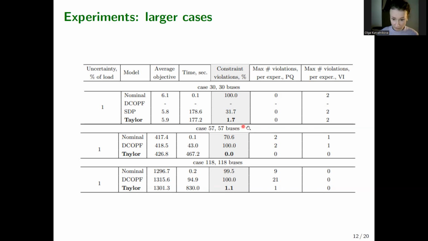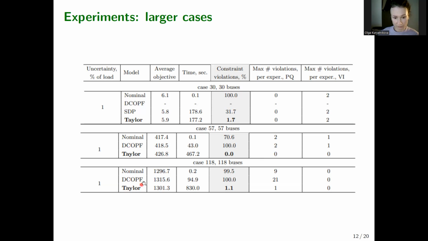It works up to this size of cases, but as Dick asked initially, the real size of cases is like 6,000, 12,000, etc. So we are not there yet, because beyond that, we have time issues and we start getting numerical issues. You can see here the SDP approach, the other one, because of these big SDPs, it cannot go beyond 57 cases.